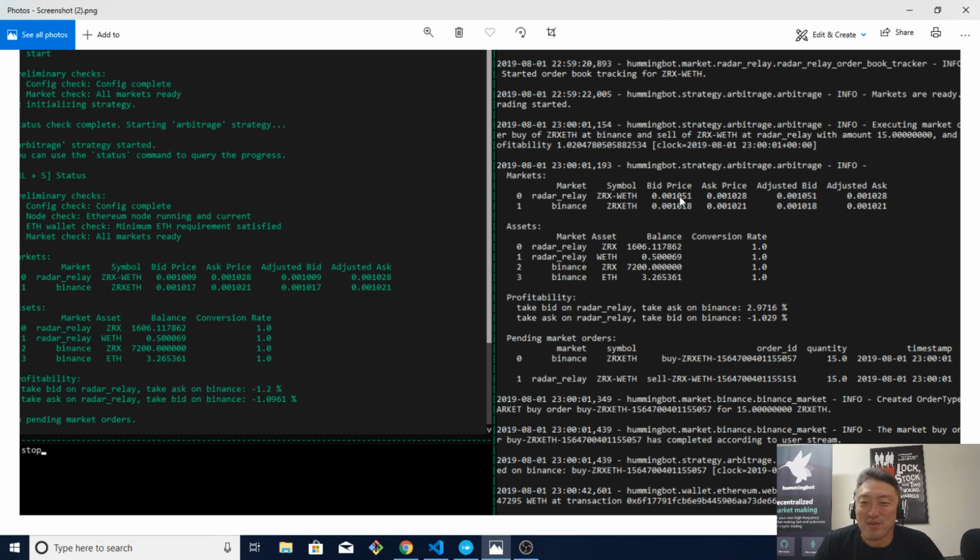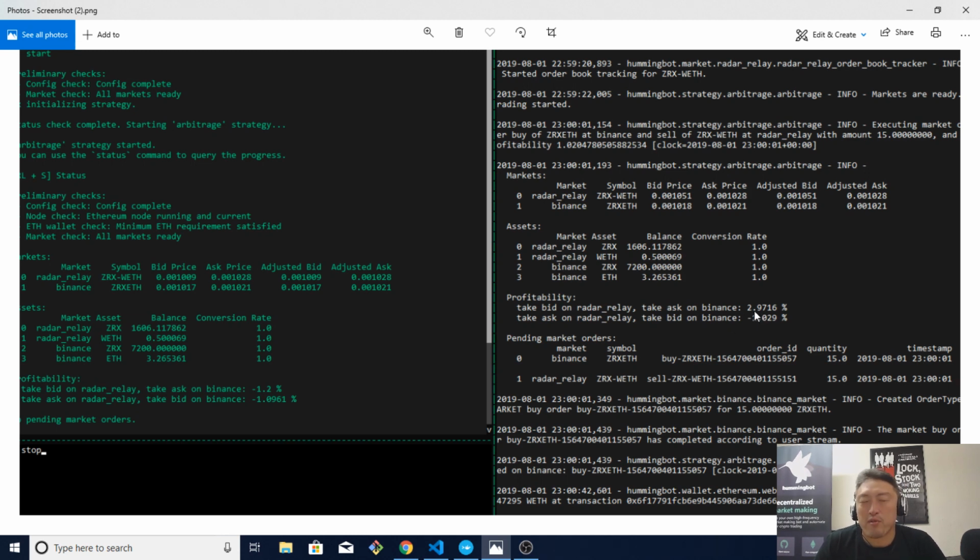And so I happened to be running this bot at the same time. What my bot did was it bought 0x for 0.001021 on Binance, and then it basically took this bid and sold for that price over here. And so you can see the profitability, buying on Binance and selling on Radar, there was a 3% spread.